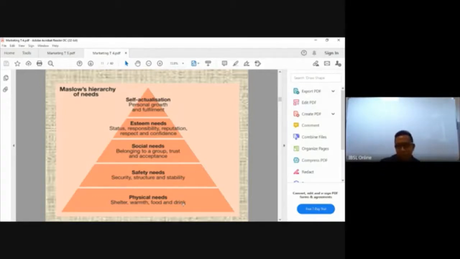So that way, organizations can use Maslow's hierarchy theory to motivate people because of their desire to go up the needs hierarchy.